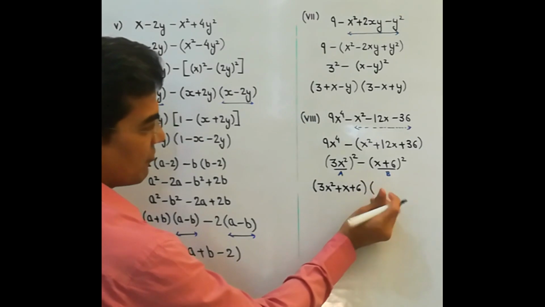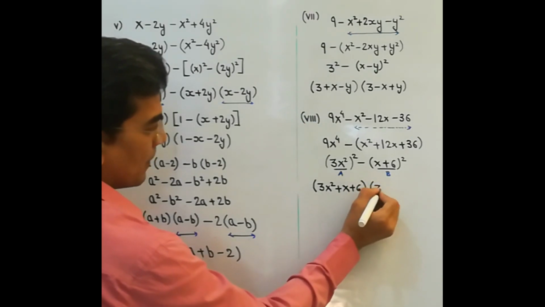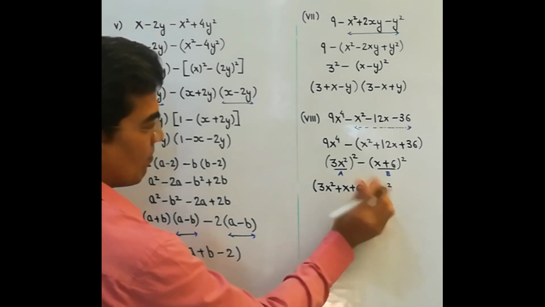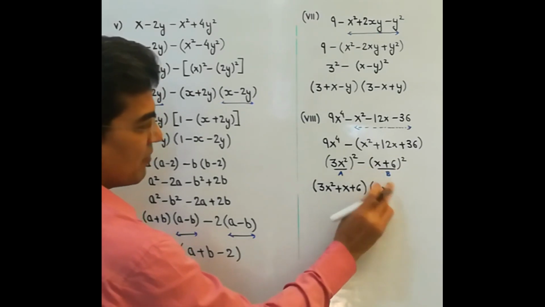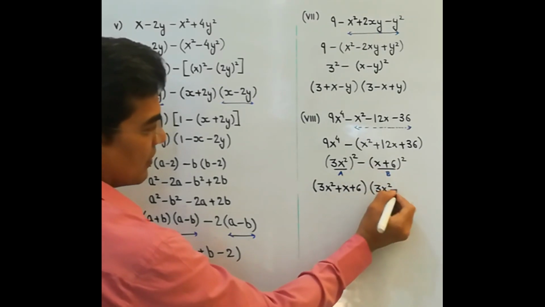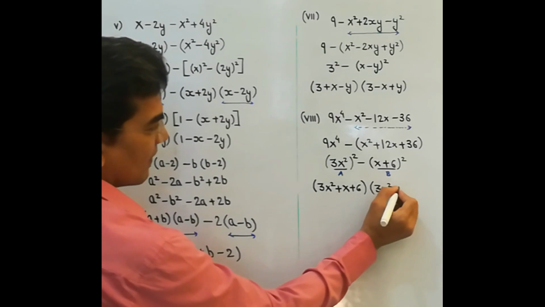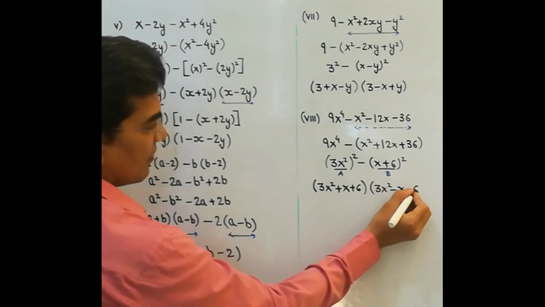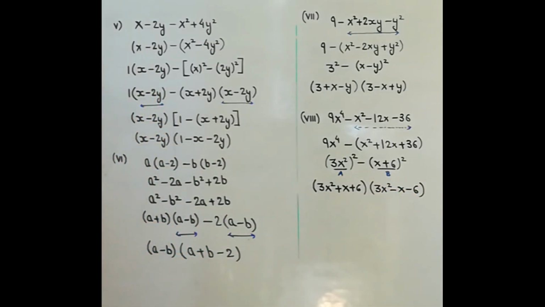Then next we have a minus b. So when you take minus of b, the sign will change. So this will be the answer. So hope this part is clear to you.